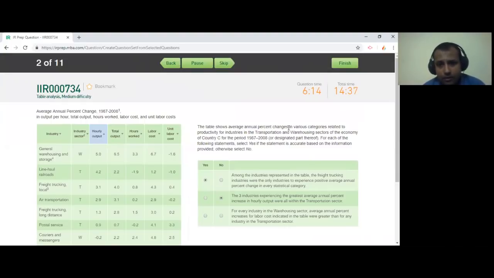So again, you are doing synthesis of information, not just from the numbers but also the information as such. This is a medium problem with a very small paragraph over here. In a tough problem, there will be lots of information in terms of passages as well. This is just a very short two to three lines.